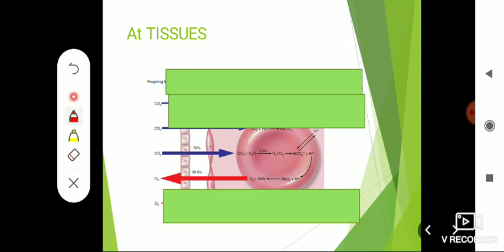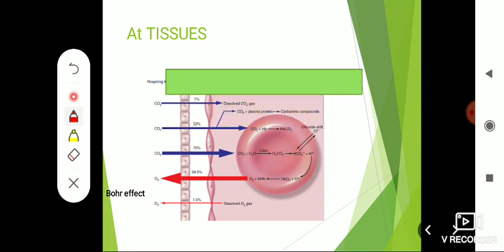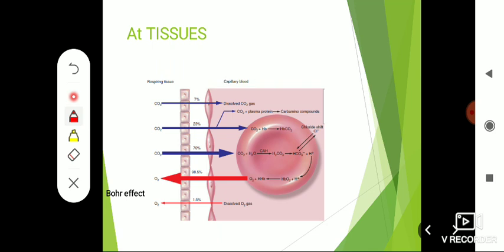So this acidic environment actually releases the oxygen. So it is helping in delivery of oxygen. This effect is called Bohr's effect. This concentration of CO2 will displace the oxygen from the hemoglobin. So this is the format of transport of CO2.